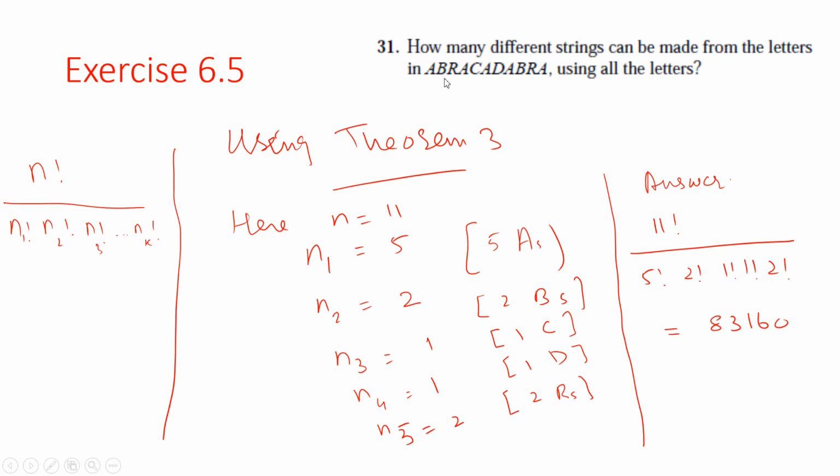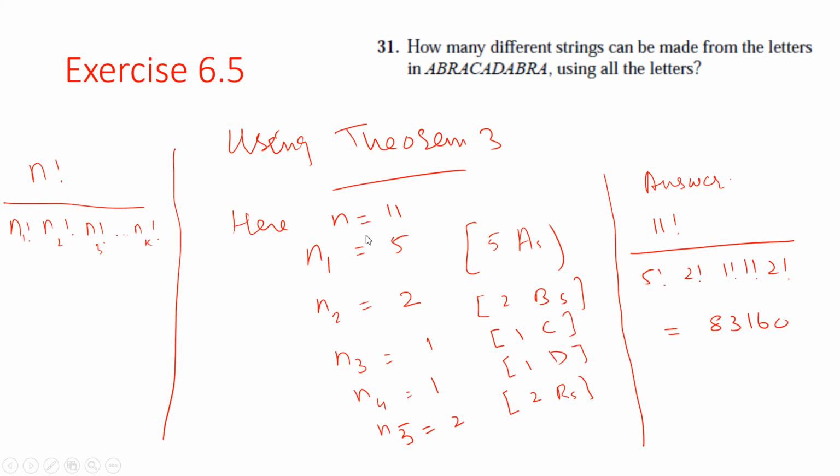And then R, 1, 2. So n3 is 2. n4, C, is 1. n5, D, is 1. And 5 plus 2 plus 2 plus 1 plus 1 is 11. So we are done with all the letters. The sum of all these ni's must be equal to n.